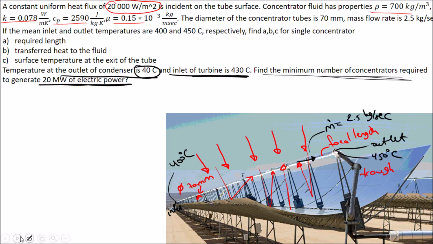Firstly, if I use a different color here, whatever sun flux falls on that tube heats the surface of the tube. Write it here. This is the tube.